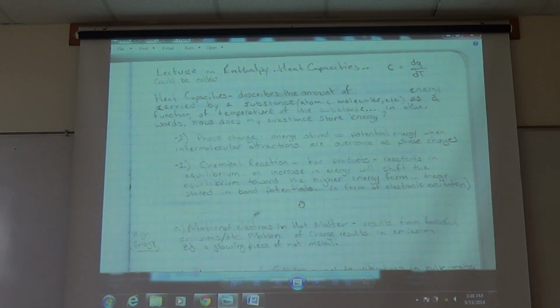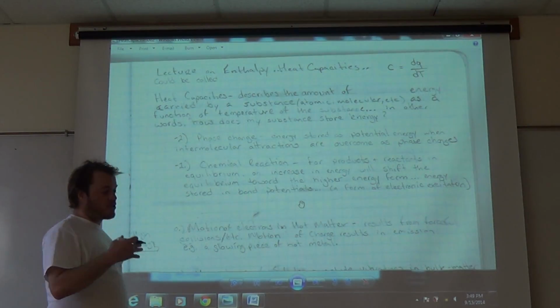Temperature of the surrounding area can be used as an analogy to this water, in that when you have a hot material or hot surroundings, you're able to pull in energy from that surroundings.